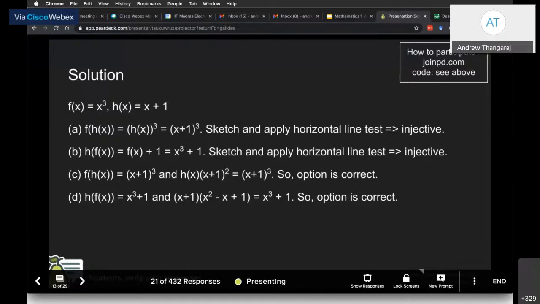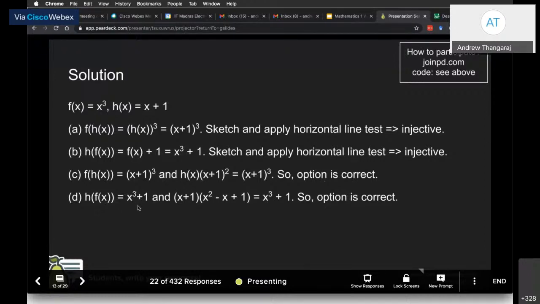So these two, even though we got them differently, right? F of h of x was obtained in a different way. H of x times x plus 1 whole square is obtained in a different way, but they have identical form. Okay, so these kind of things are called algebraic identities. Many of you know many algebraic identities. So this is one such equality. So this option is correct.